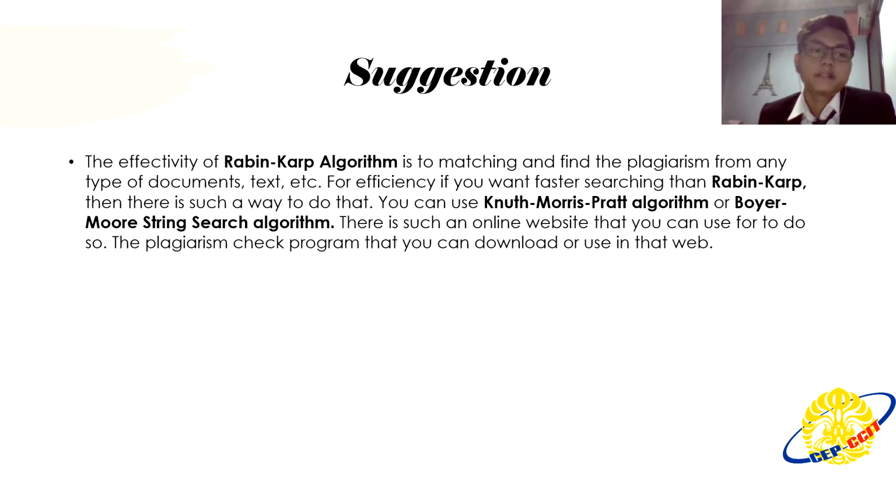So the suggestion is that the Rabin-Karp algorithm is effective for matching and finding plagiarism in any type of document, text, etc. If you want faster searching than Rabin-Karp, you can use the Knuth-Morris-Pratt algorithm or the Boyer-Moore string search algorithm.